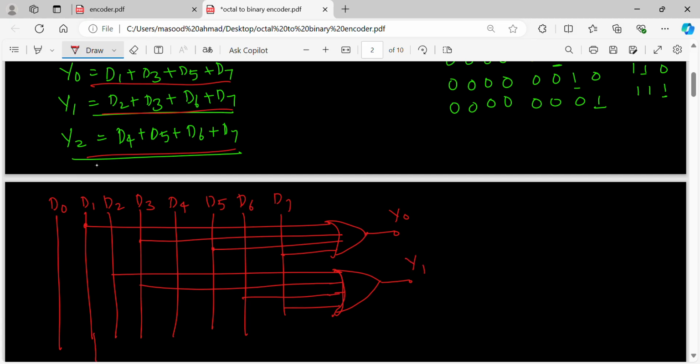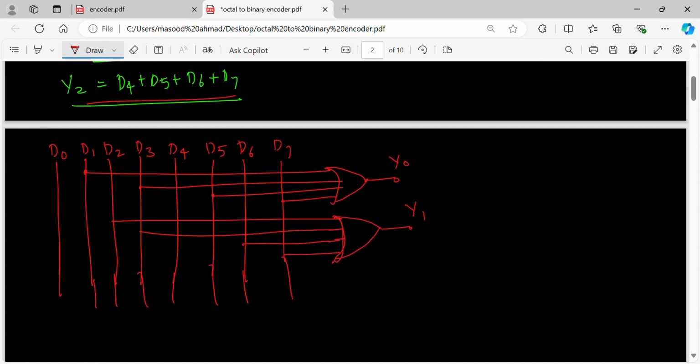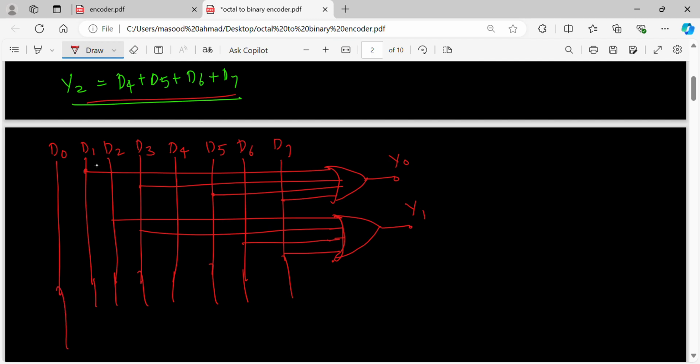On similar lines, I extend these lines further.